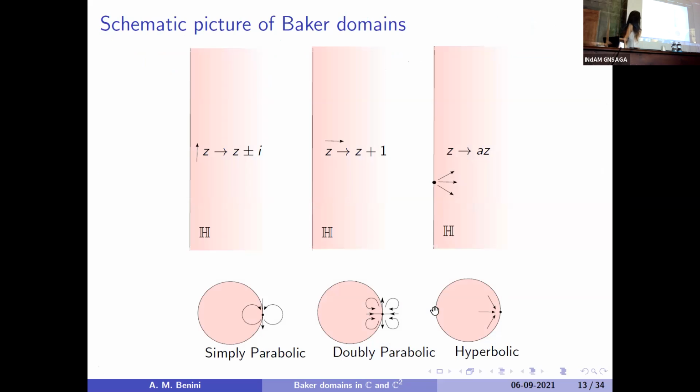Now, you should imagine that up to a biholomorphism, again, I'm slightly cheating here as well, but I don't want to go into this, you can imagine you have some component in your true C, where your function is acting. Everybody moves towards infinity. Up to a change of coordinate, you can imagine these three scenarios. Scenario one, your Fatou component, which is simply connected, is the right half plane, and you translate parallel to the boundary.